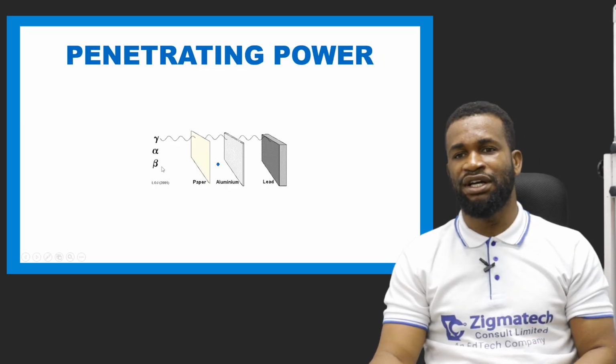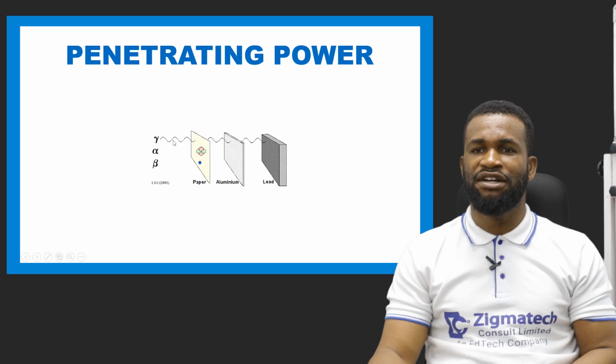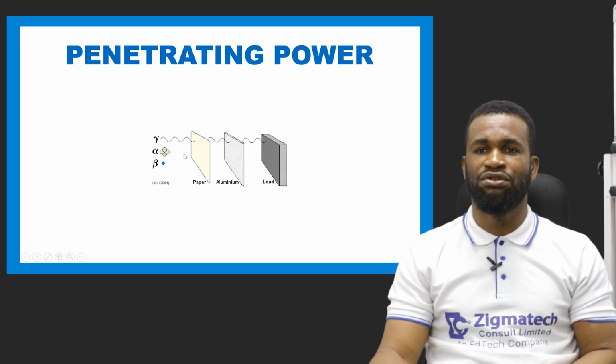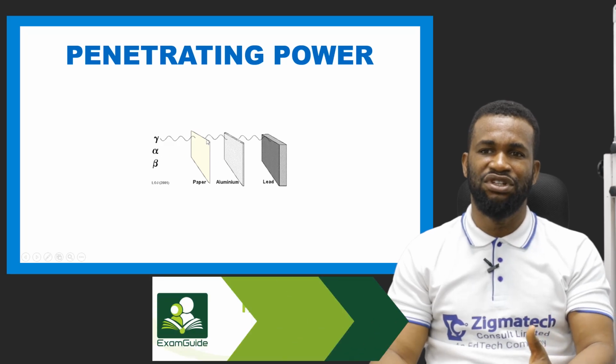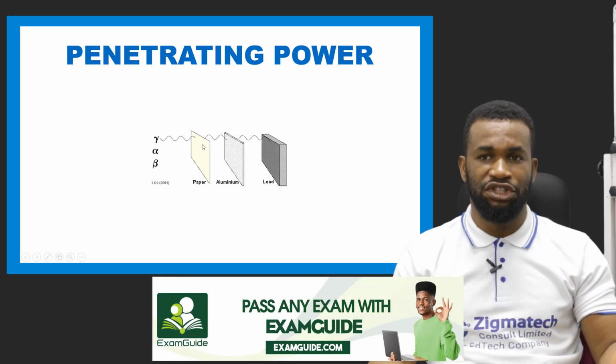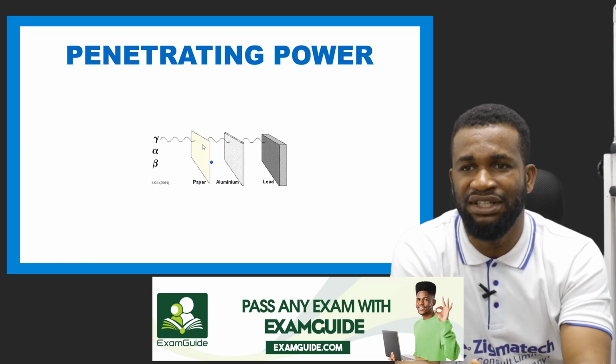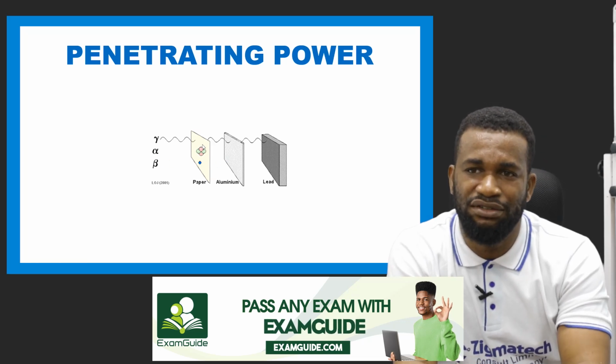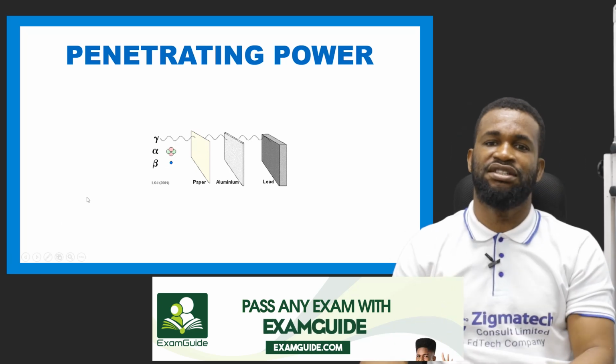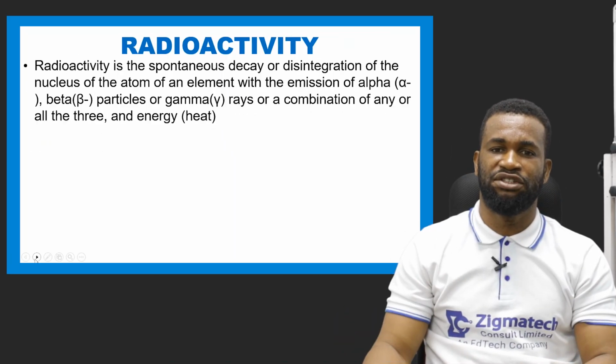Gamma ray can penetrate, and only lead can stop it. Alpha can be stopped easily. It simply means that the more massive a particle is, the less its penetrating power. So that is for the penetrating power.